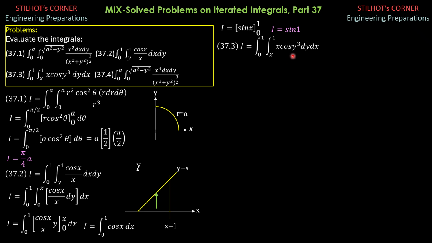If we evaluate with respect to y first, there's no y squared, so we cannot evaluate it readily. Instead, we invert the order of integration. We integrate with respect to x first. So this is equated to y, so x is y. This is equated to 1 equals y. So we have the horizontal line 1 is y.